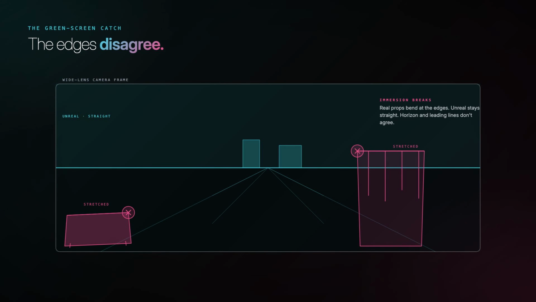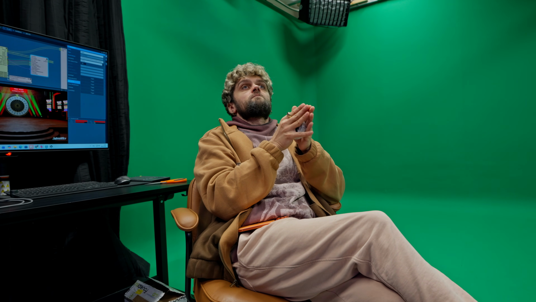So then you're going to start seeing a bit of inconsistencies where, let's say, maybe the edge of the frame in Unreal Engine in the background looks a bit more straight, whereas the edge of the frame, let's say with a table at the edge of the frame that's real, that's in the foreground, stretches a bit different. So that inconsistency of leading lines and horizon lines is what can and will break your immersion.